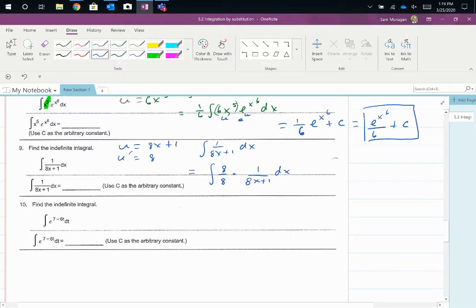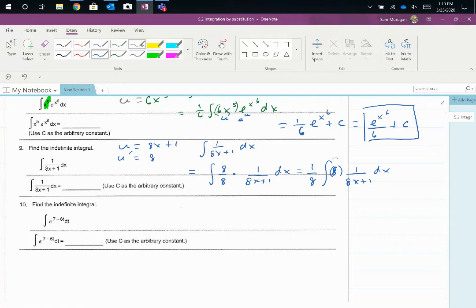So we would bring that 1 over 8 outside. Integral 8 times 1 over 8x plus 1 dx.